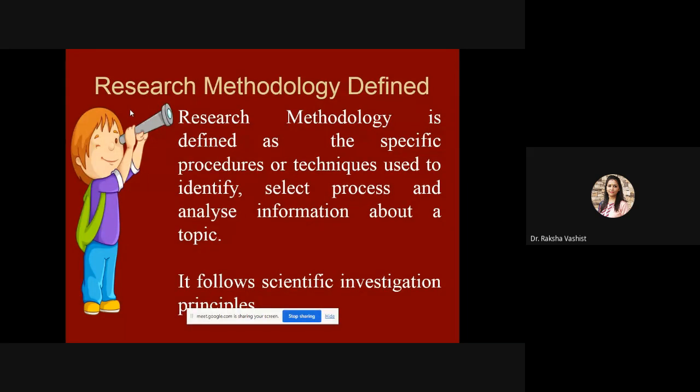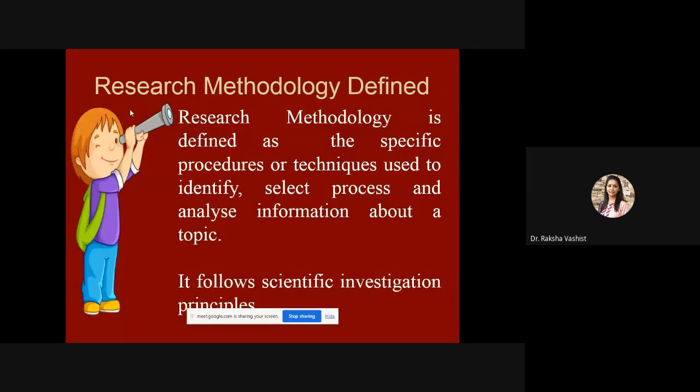Research methodology is defined as the specific procedures or techniques used to identify, select, process and analyze information about a particular topic. Research basically includes scientific investigation principles, which we call research ethics.